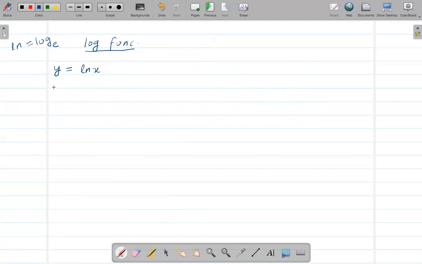Now, when we take the derivative of this kind of thing, it will be 1 over x. If you have natural log of x, when we take the derivative of this, it's 1 over whatever the thing is here, 1 over that thing, x. All right, so this is also a formula. I'm not going to derive this, but I'm just giving you the formula, all right? And another log function is log base b. Natural log is log base e, with e being a special number.